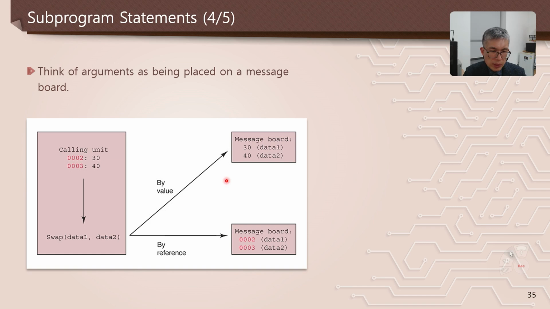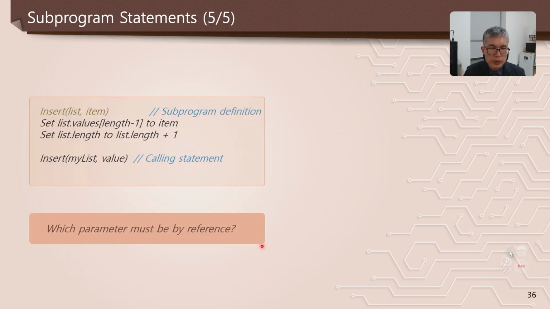On the other hand, in the reference case, the addresses of data 1 and data 2, 002 and 003, are passed, and the exchange happens. So in the call by value case, even though inside the function the values of data 1 and data 2 are swapped, after the call to swap there is no change. But in the reference case, using addresses, we can change them. This is very important. Let's move on.